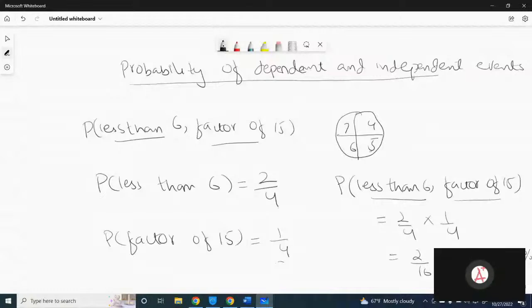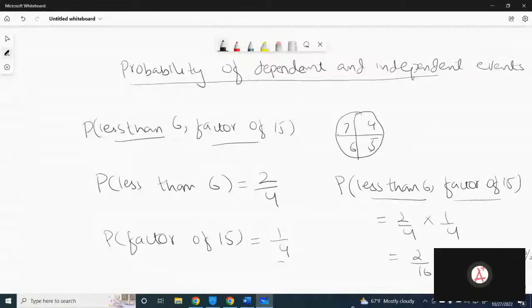Okay, let me explain once again. Basically, two events are independent if the outcome of the first event does not affect the outcome of the second event. So you have to find the probability of getting less than 6 and the probability of factors of 15.